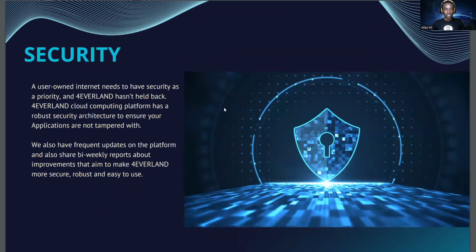Security is really, really important when it comes to having that user-owned internet. So 4EVERLAND hasn't held back when it comes to security.